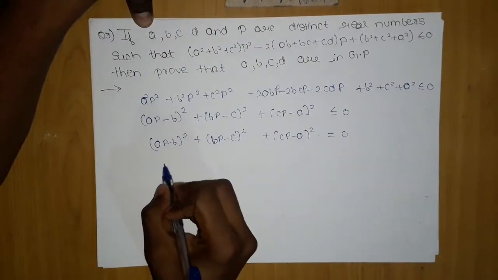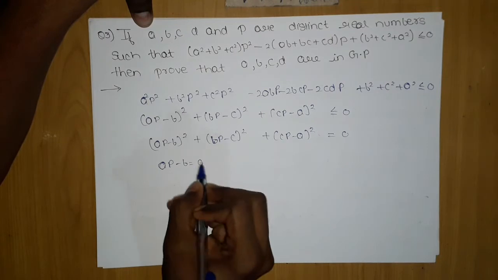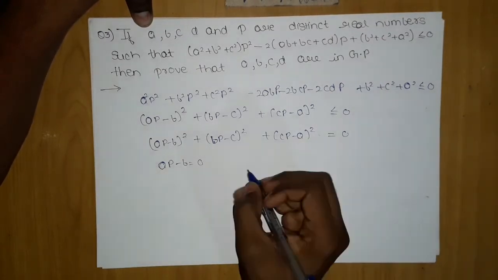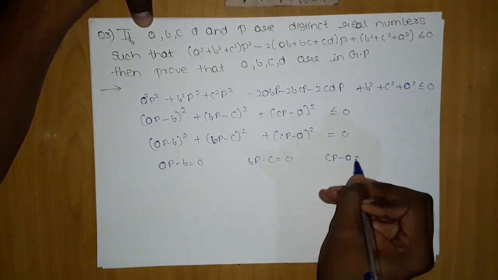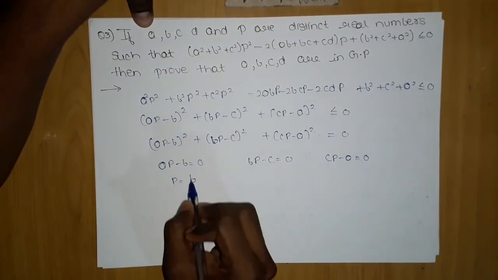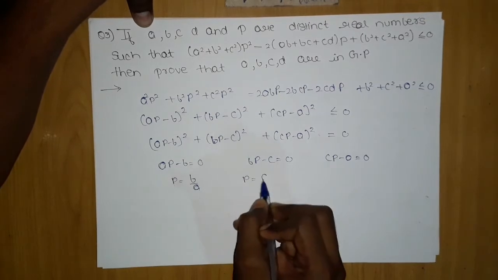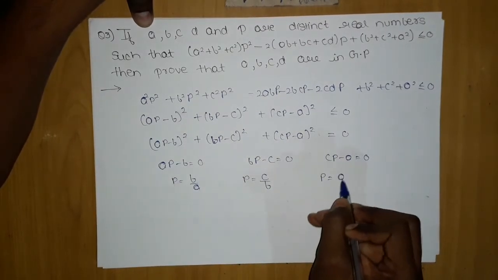When will they be equal to 0? When ap minus b becomes 0, bp minus c becomes 0, cp minus a becomes 0, which gives me that p is nothing but b by a, p is nothing but c by b, p is nothing but a by c.